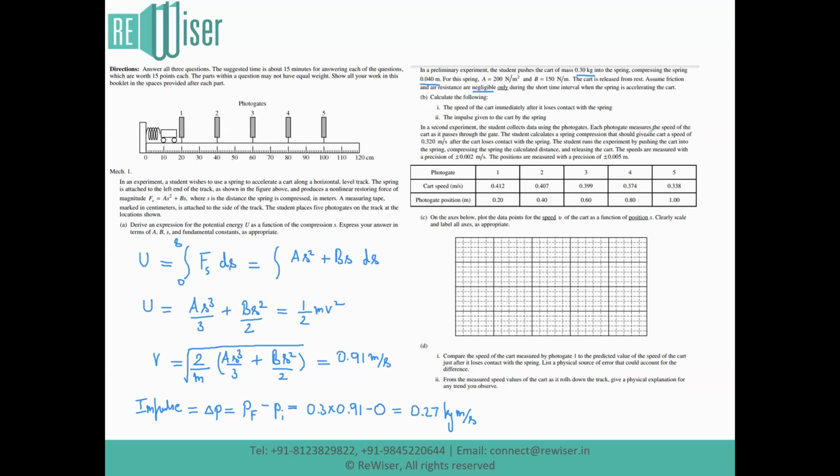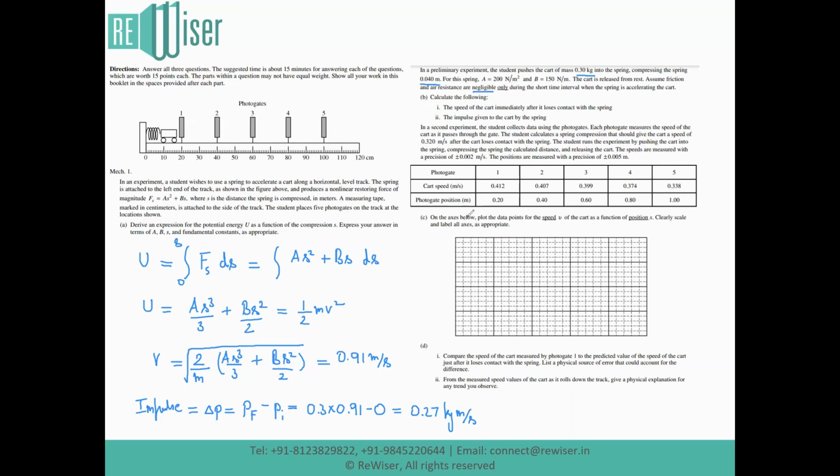The student runs the experiment by pushing the cart into the spring, compressing it, and thus converting the elastic potential energy in the spring into the kinetic energy of the cart. The speeds are measured with a precision of plus or minus 0.2 meters per second. The positions are measured with a precision of plus or minus 0.005 meter. So here the uncertainties are also given.